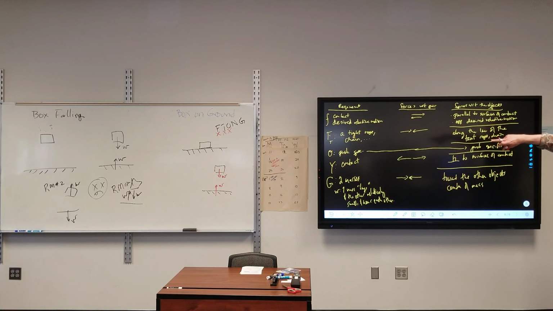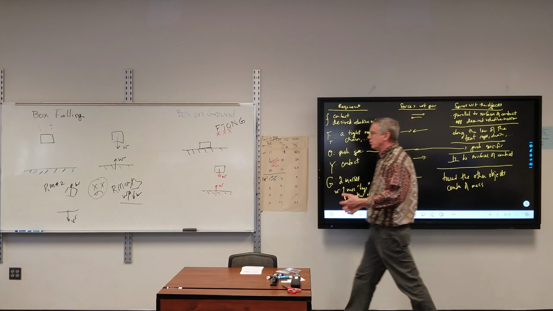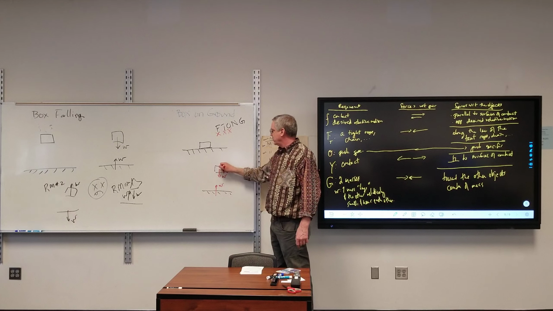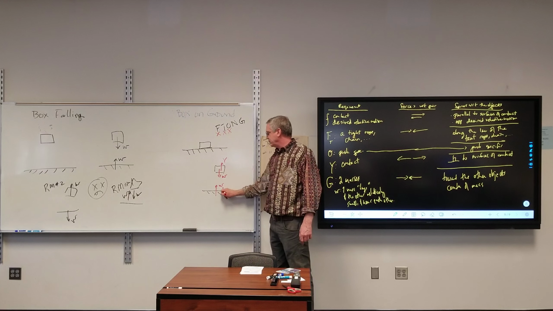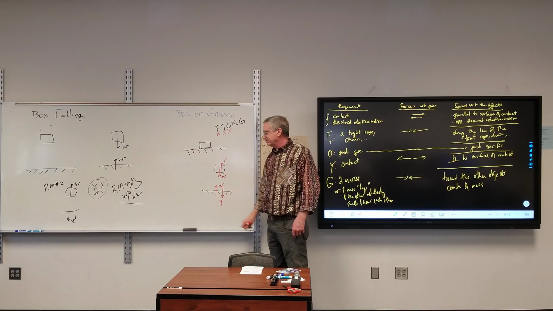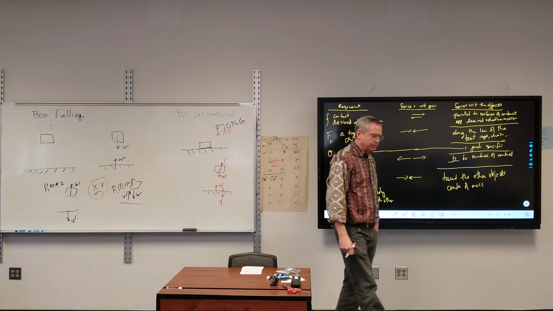So if weight is the only force acting on the box, that box is going to fall. But is the box falling? No. So there's got to be something holding it up. That's the normal force. So there's a normal force acting up, and likewise, normal force pushing down.